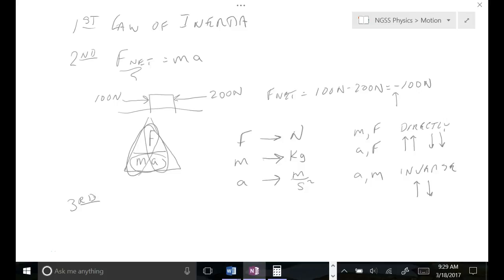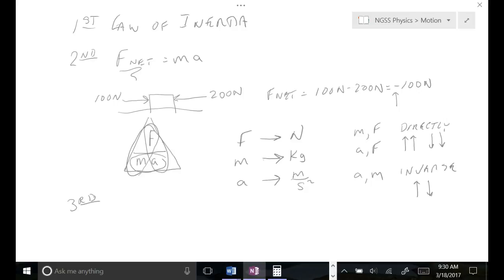If the third law didn't exist, and say I was standing on the floor, I would pass right through the floor as if it didn't exist, maybe because the floor wouldn't exert an equal and opposite force back on me. Okay, so you could see why not having the third law would be a bit of a problem.